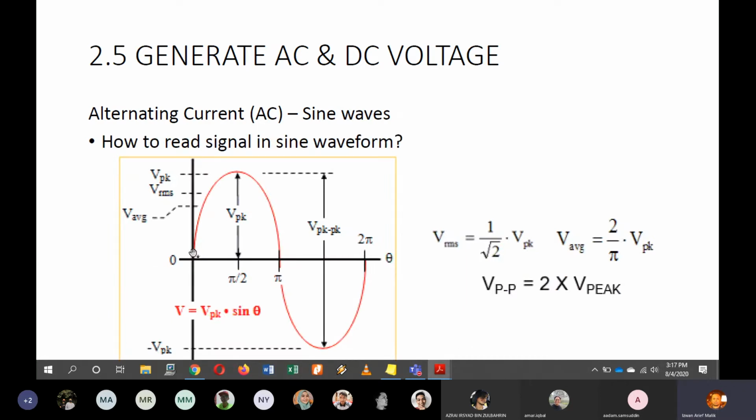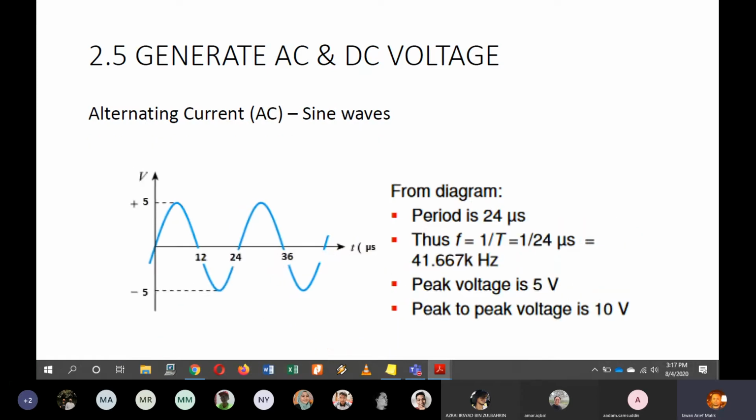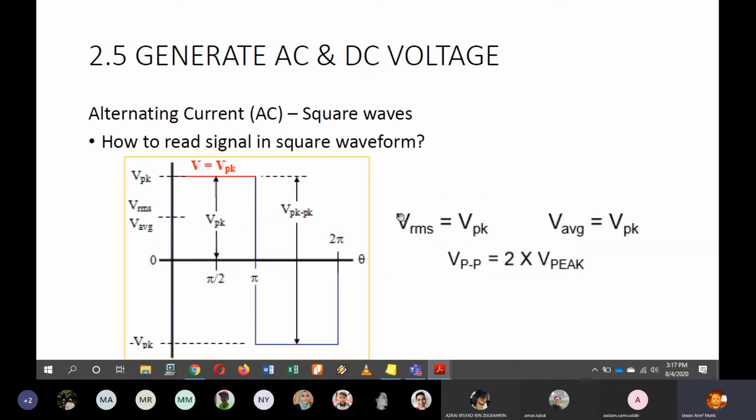So from here it will become 0, somewhere here 4, 5, 6, 7 up until 10, then back to 0. So the VRMS and V average have different calculations. But for square waveforms, they are straightforward because they are straight lines, so the value will be the same.